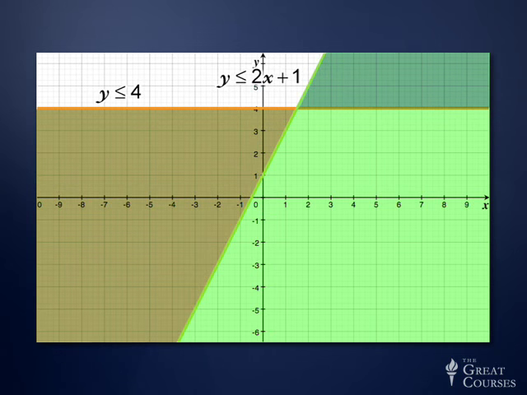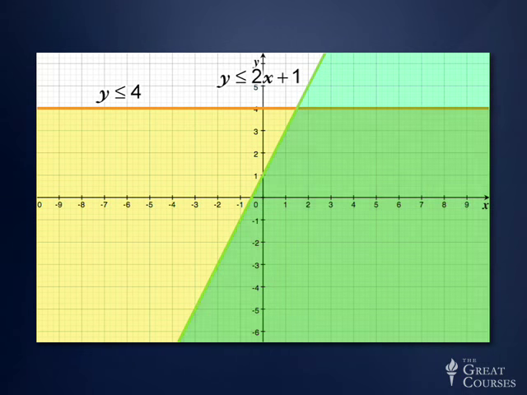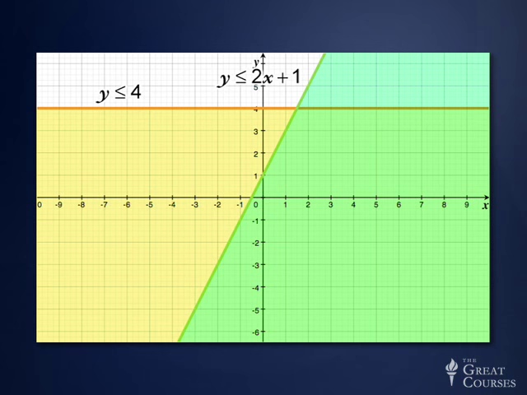There are two regions that have just one shade, if you will, and there's one region which was actually shaded two different times, once for the first inequality and once for the second inequality. That region that has the two different shades is actually the intersection of the two sets of solutions for the individual inequalities.